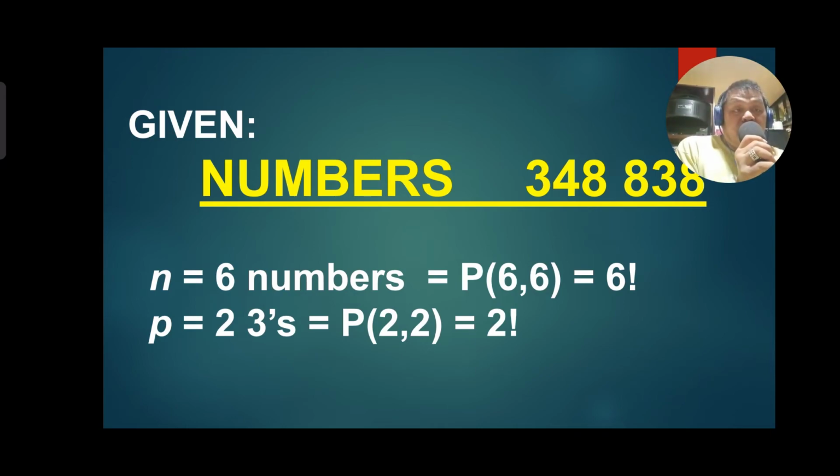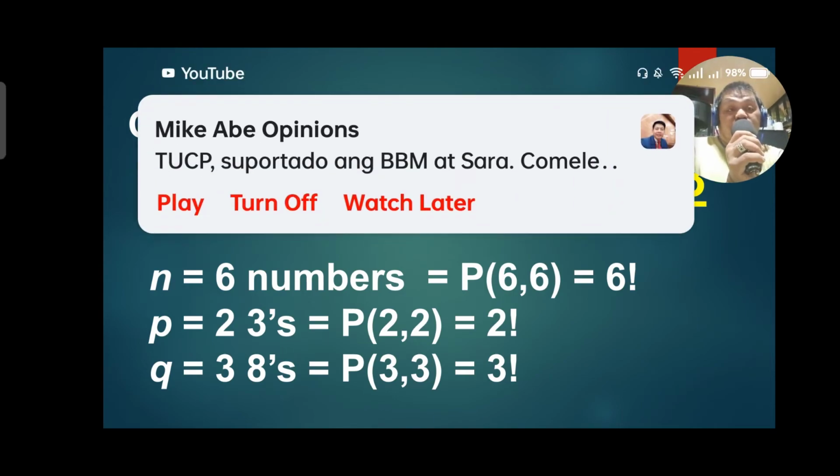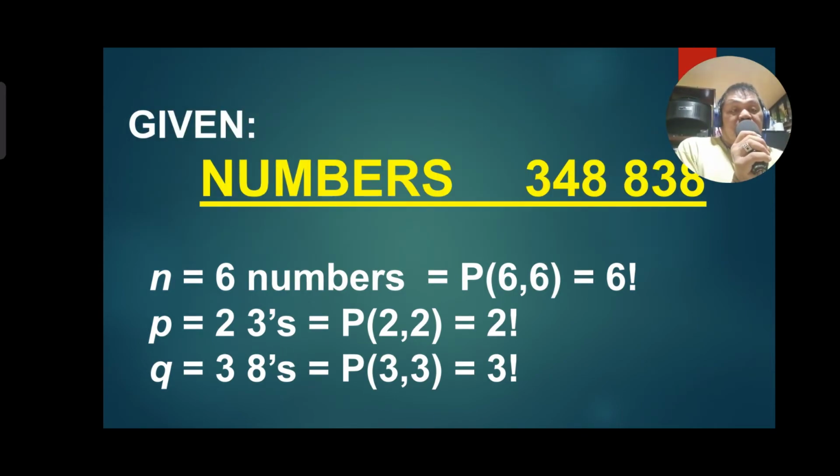How many eights? There are 3 eights from the given number. So that will be our q, permutation of 3 eights taken 3 at a time is equal to 3 factorial.